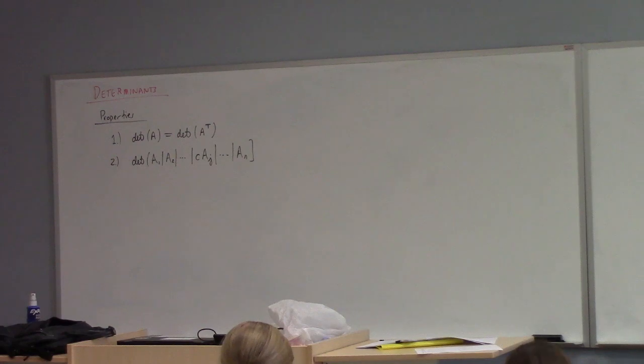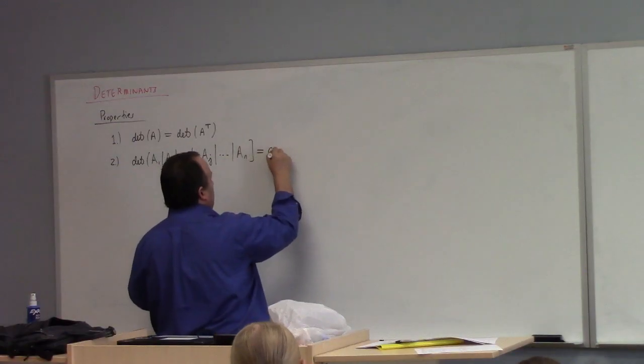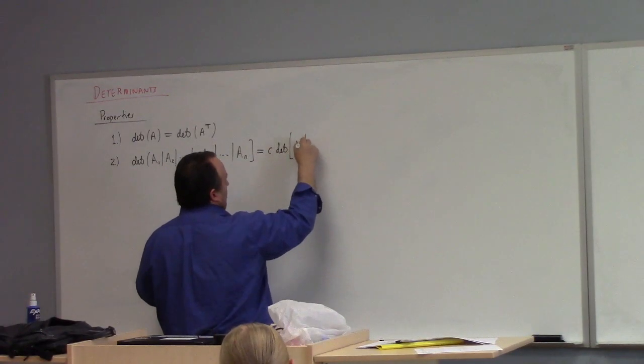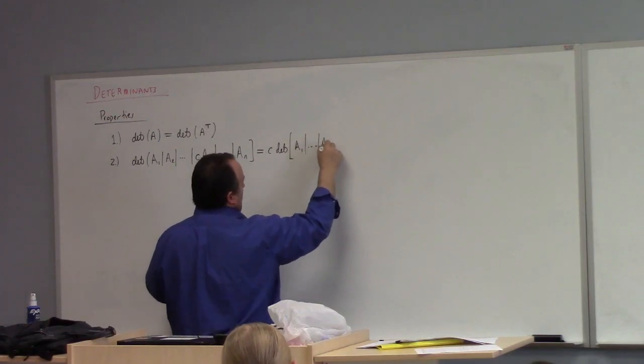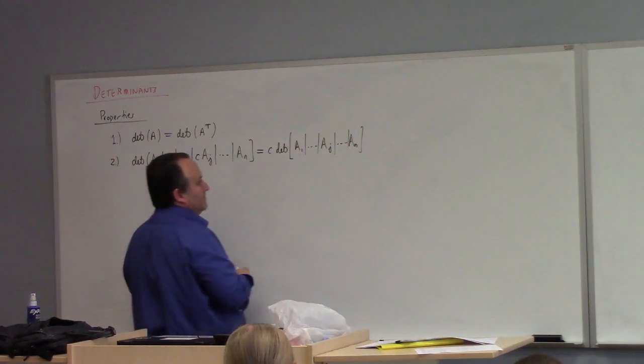Well, you can pull that constant out. That's a property of the determinant. So this would be equal to that constant times the determinant of the same matrix without the constant, all right?